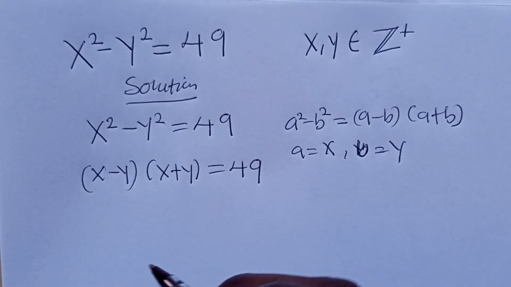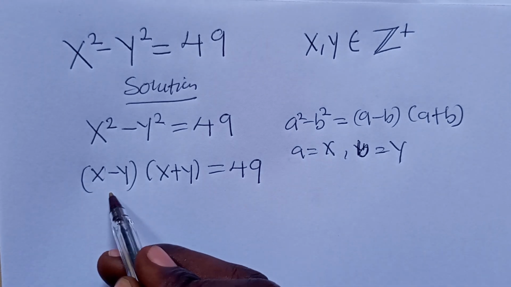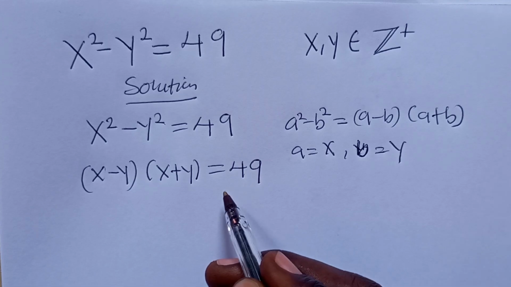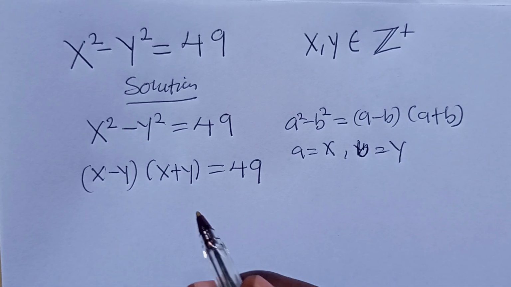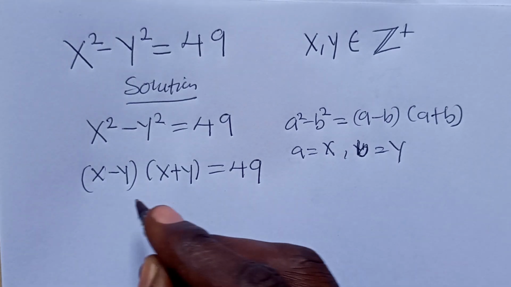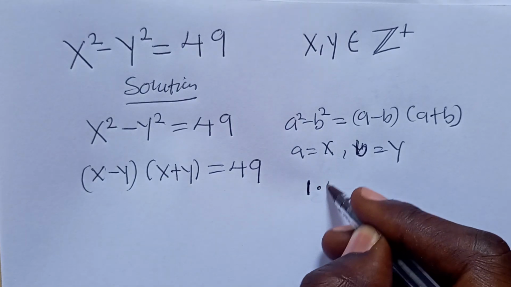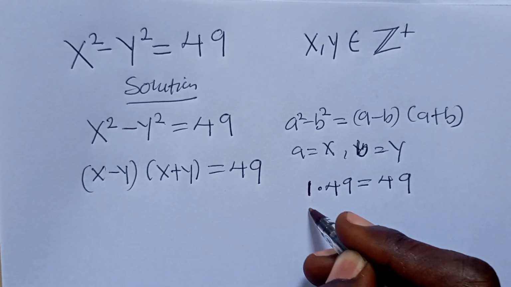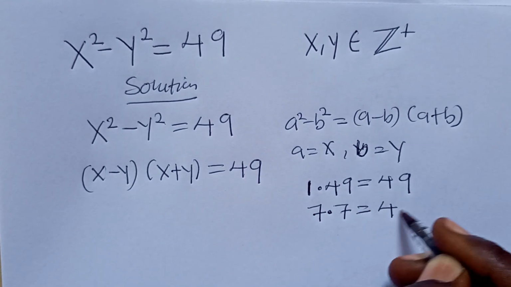Note that for this particular equation, this bracket times this bracket should be 49. So for that to happen, this bracket and this bracket have to be factors of 49. And the obvious factors we can see are 1, such that 1 times 49 is 49, and another factor is 7, such that 7 times 7 is 49.